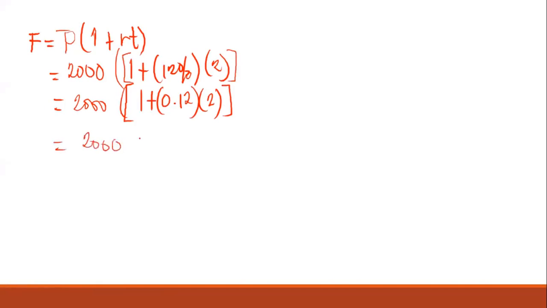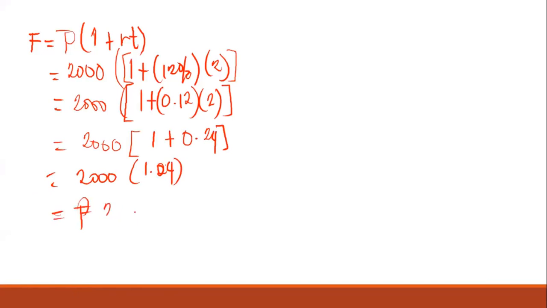Tuloy lang yung calculations. 1 plus 0.24, this is now equal to 1.24. Next, 2,000 times 1.24. So this is now equal to 2,480 pesos.